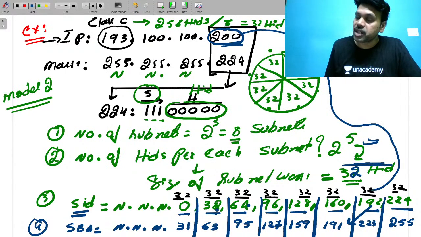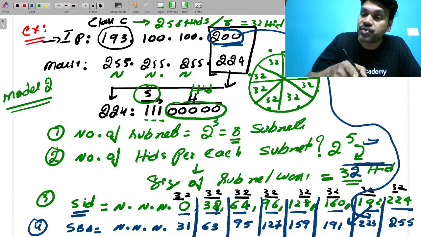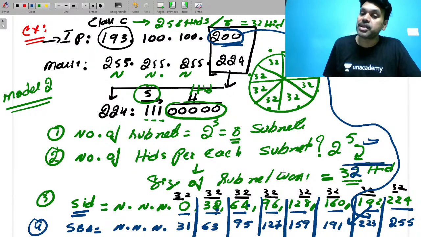This 200 belongs to this particular subnet, as you are one of the hosts of the 192 subnetwork. This is a very, very important question. What is the subnet ID of the given IP? The first three octets are common only. So what is that? Subnet ID of the given IP.